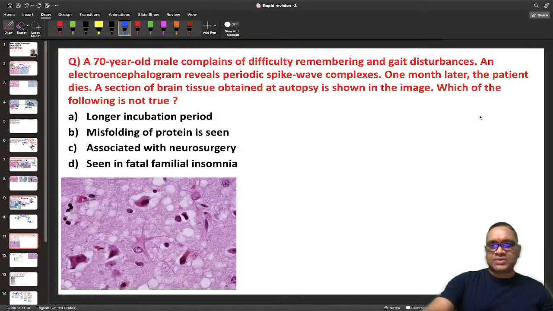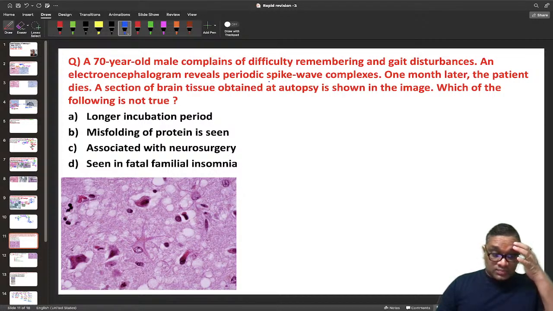Now coming to the next question. A 70-year-old male complains of difficulty in remembering and gait disturbances, and electroencephalogram reveals periodic spike wave complexes. One month later, the patient dies. A section of brain tissue obtained at autopsy is shown in the image. Which of the following is not true? Tell me, what should be the right answer for this question?